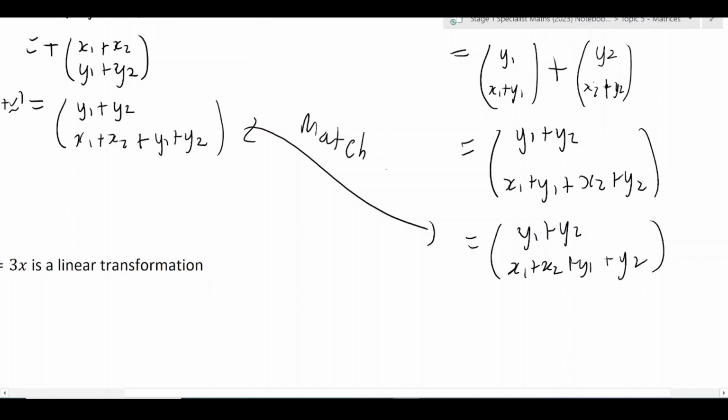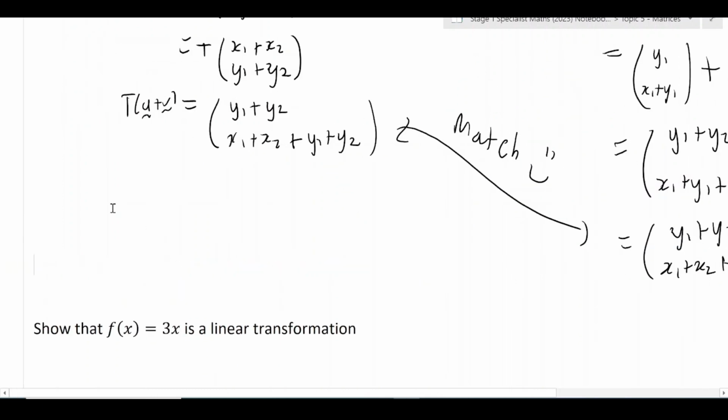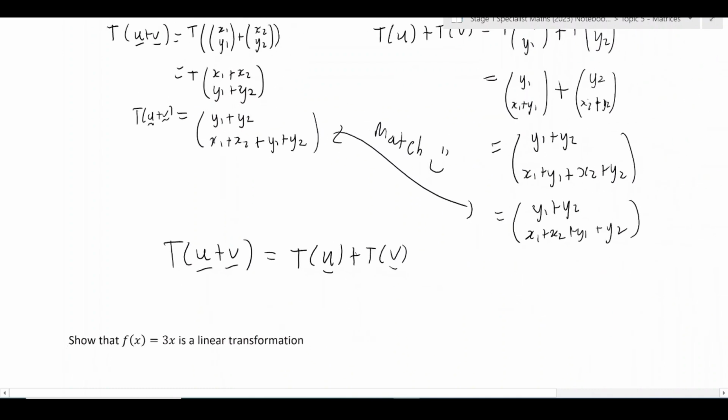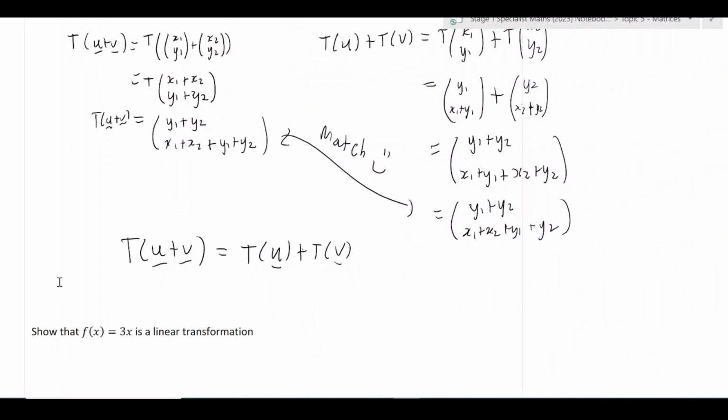So that is really good. So the first thing was T of u plus v, and we've just shown that that equals T of u plus T of v. So that is wonderful. We've checked that the first bit of the linear transformation is true.